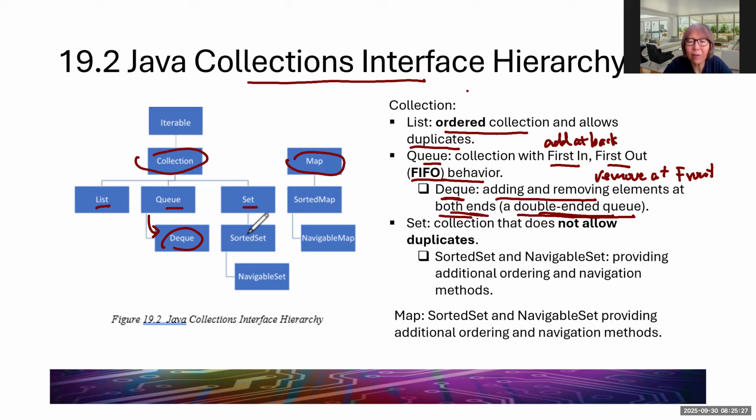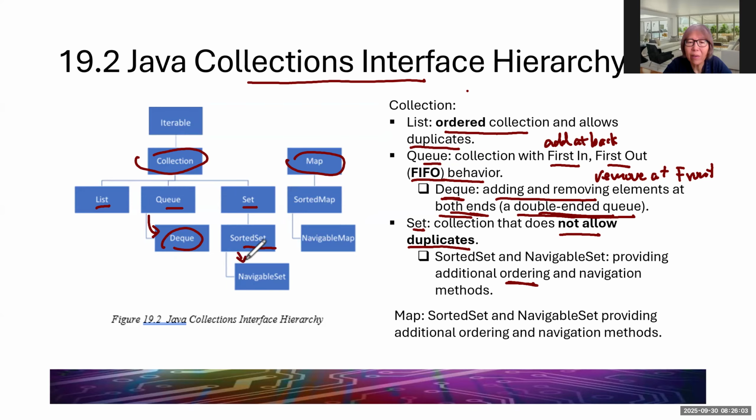So that's Deque. And Set is a collection, but it doesn't have order. Also, a major feature is that it doesn't allow duplicates, so it only allows unique items to be stored. From Set, there is the sub-interface SortedSet. Based on the name, we can guess it allows ordering, unlike Set itself, which doesn't have an ordering requirement.